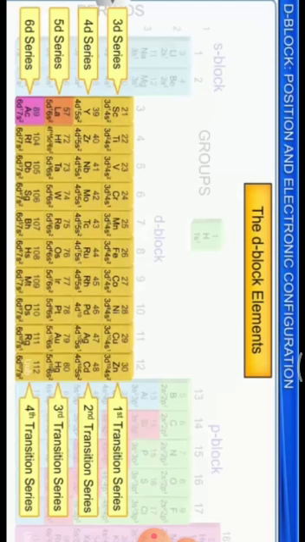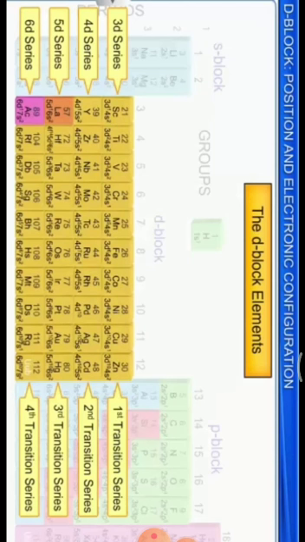Next we will study some general properties of transition elements. First we will study electronic configuration. The general electronic configuration of d block elements is inert gas (n-1)d1 to 10 ns1 to 2.